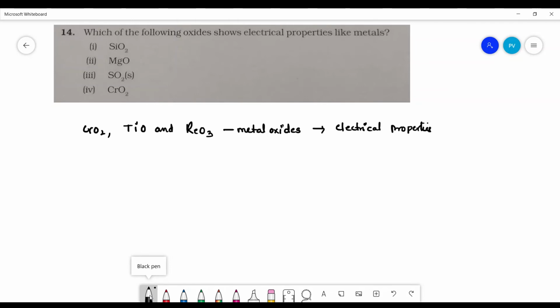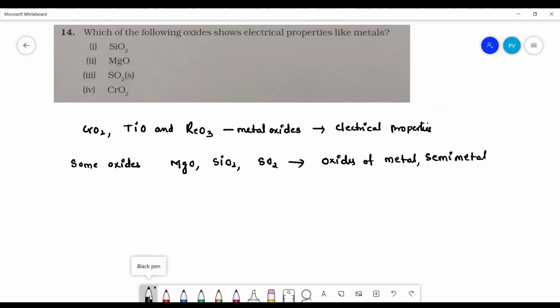Some oxides like MgO, SiO2 and SO2, even though these are the oxides of metal, semi-metal and non-metal, cannot show the electrical properties.